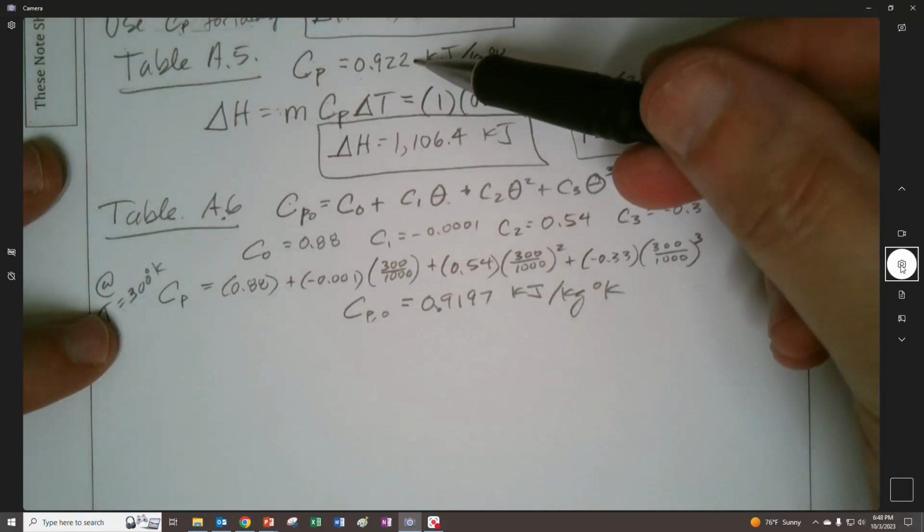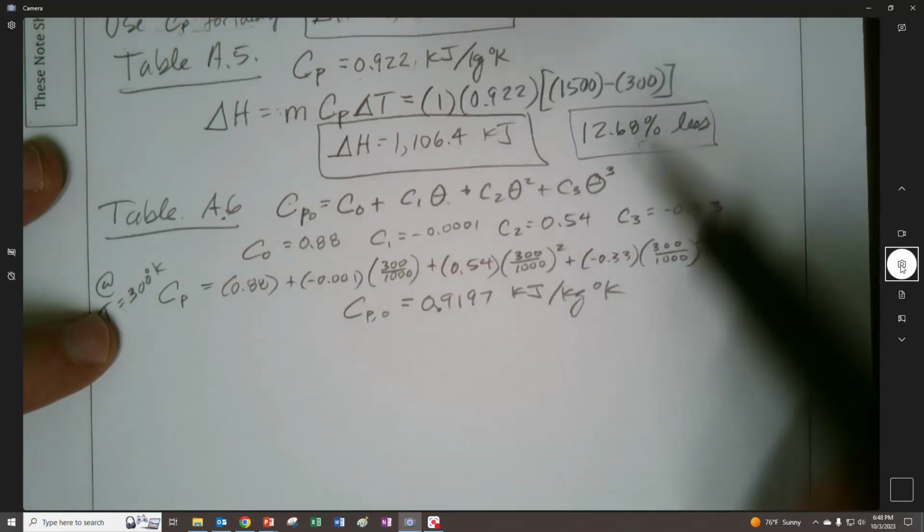Compare that to what we had up here, right? So it's less.